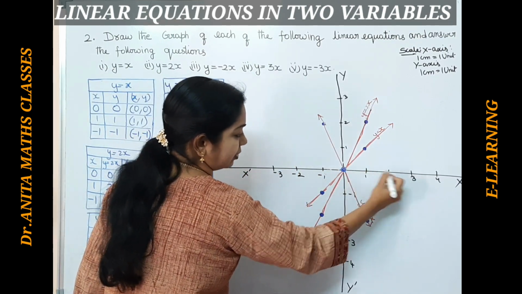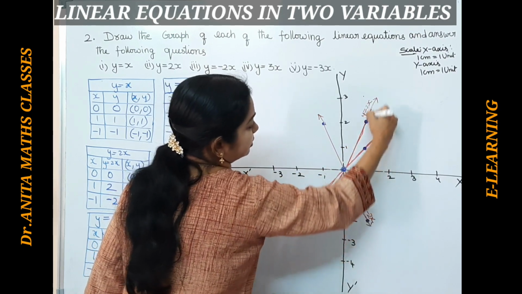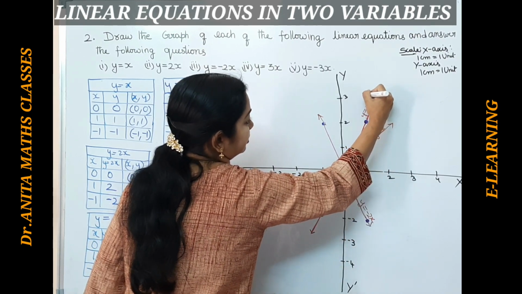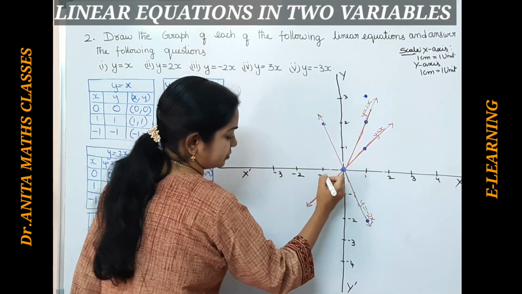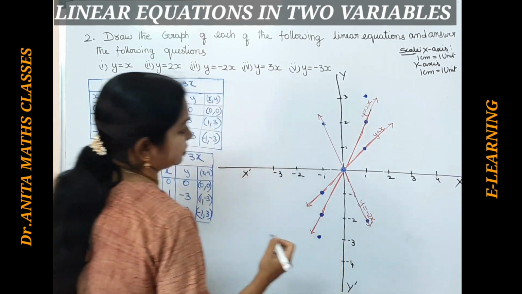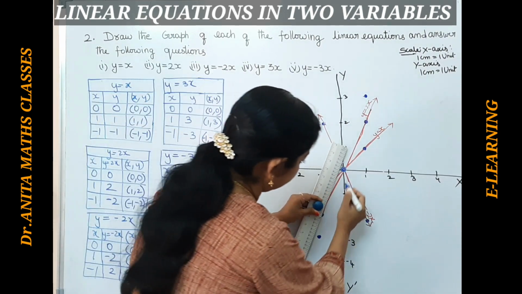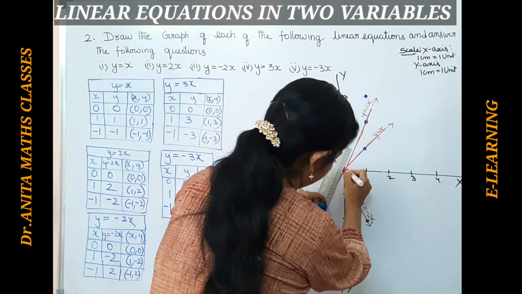So 1 on the x and 3 on the y, this point. Now the third one is minus 1, minus 3, so minus 1 here and minus 3 here. Okay. So let us try to join these 3 points.